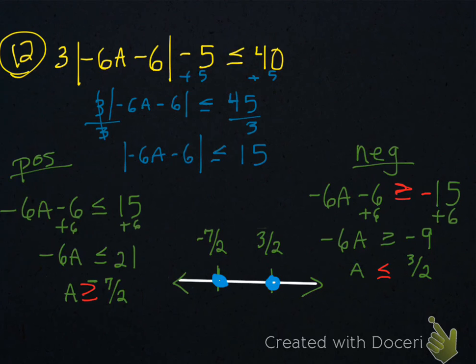And then we're shading. If we look, it's going to end up being in the middle. Which means we're having our negative 7 over 2 to 3 over 2. It is a sandwich. It does not go out to infinities. It's a sandwich.